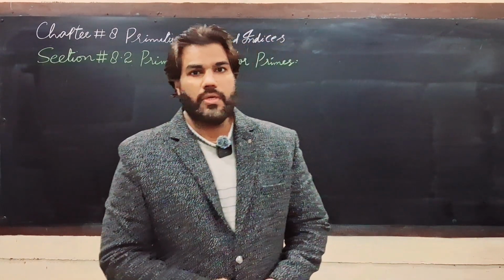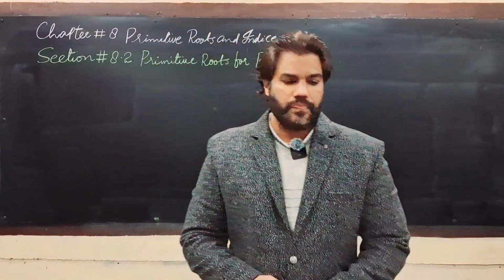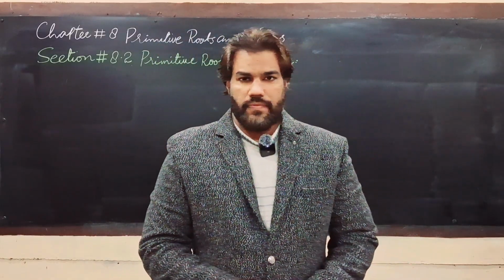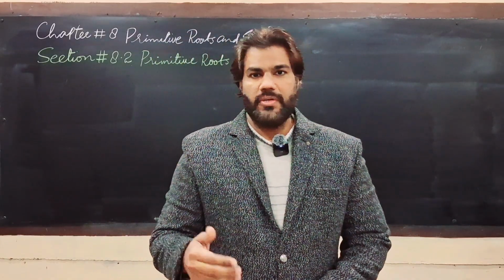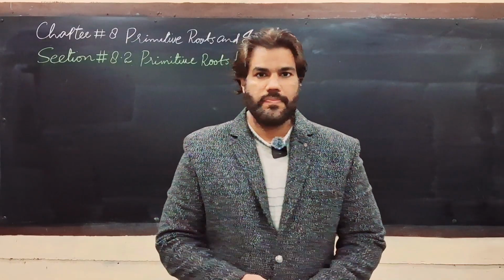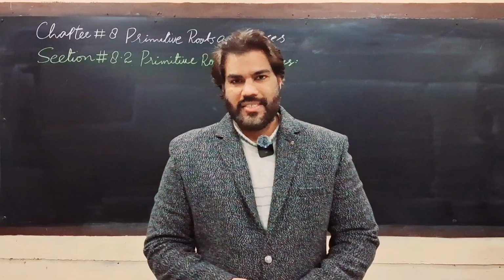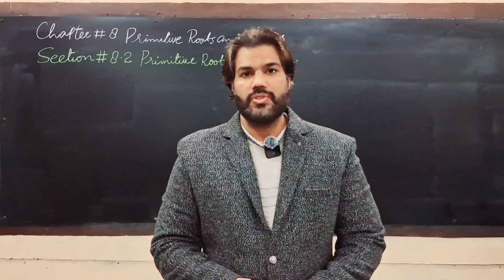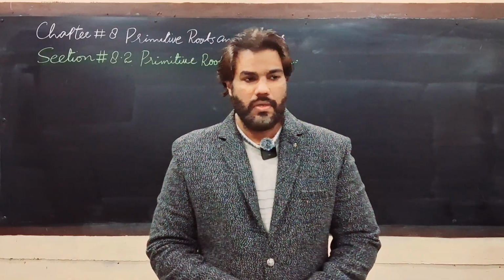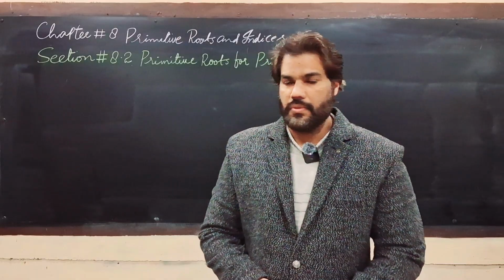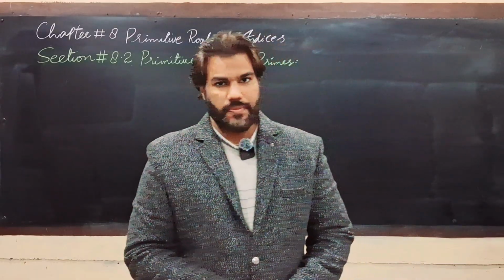In the last section, we have found primitive roots for different numbers. You have seen that it is not necessary that every composite number has a primitive root, like n equal to 8 has no primitive root.